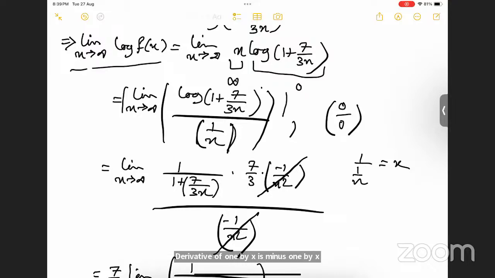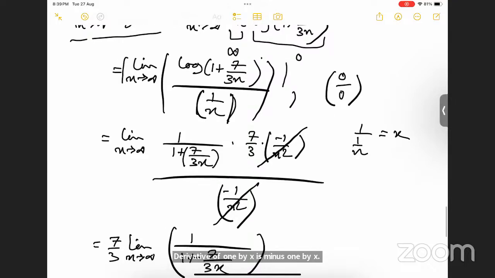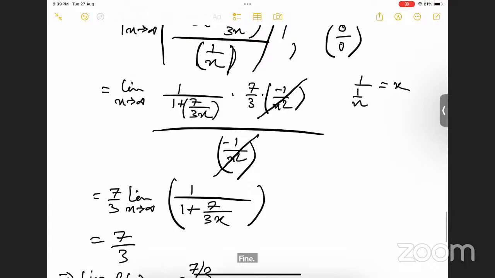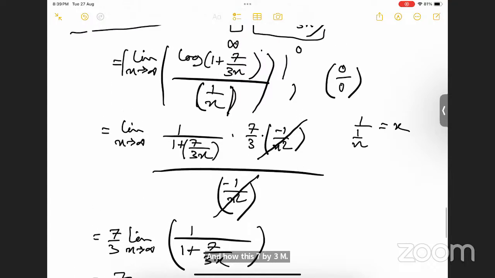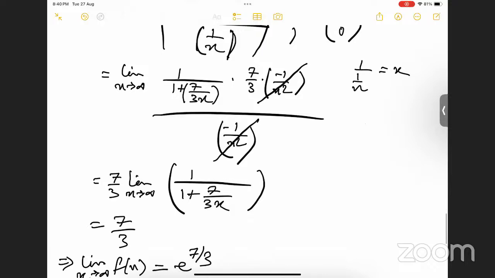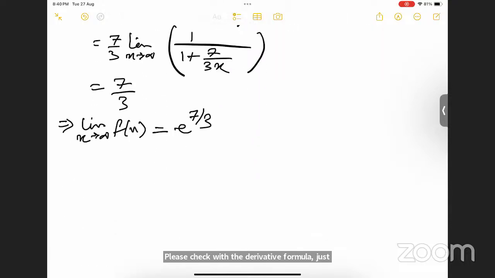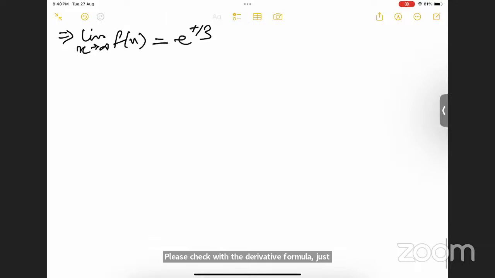And how did this 7/3 come? 7/3 is the constant multiplied with 1/x. So I would suggest you check the derivative formulas and practice them. You will be more comfortable with it.